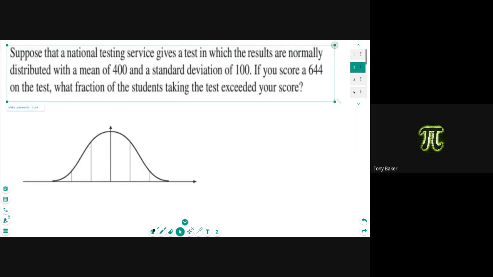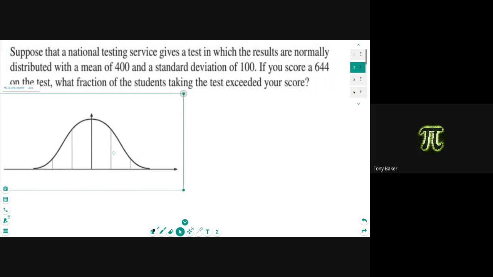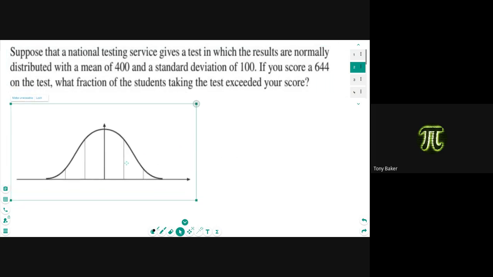So let's start. The biggest difference between what we did on Monday and what we're doing today is you're really not going to be given the z-score. So you're going to have to find the z-score first and then plug it into the actual setup.